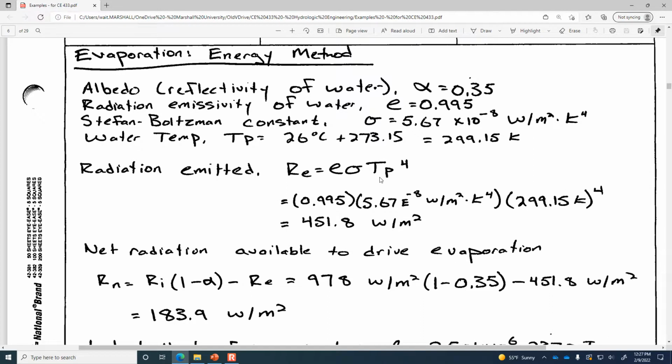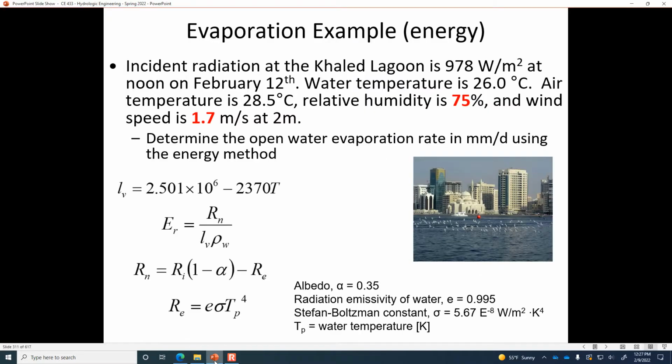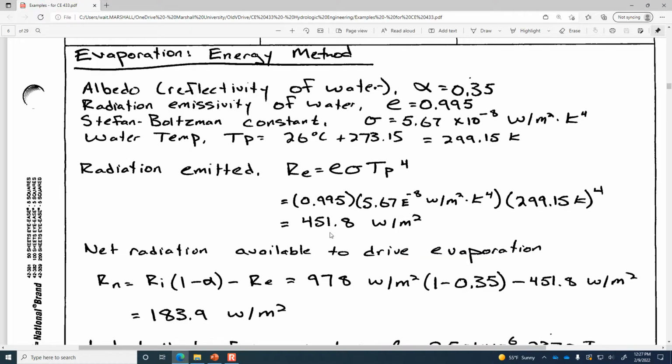And so just for scale, remember that the problem statement to begin with said that the incoming radiation is 978 watts per meter squared. Well, we're losing 451 watts per meter squared as emission. So that's the outgoing longwave radiation, and so that's not going to be evaporating water because it's emitted just based on the temperature of the water.